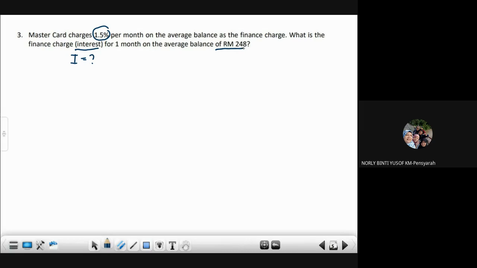That means this is your principal. So kita akan tulis, principal is 248. You buat pinjaman kan, you guna credit card, ada balance 248. So R adalah 1.5% per month. So you change, you divide lah with 100. So 0.015.